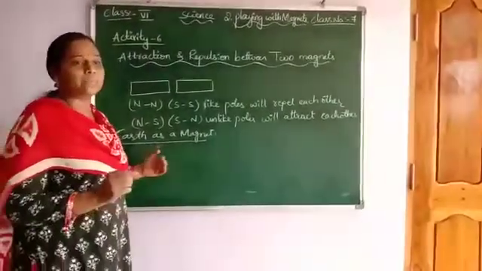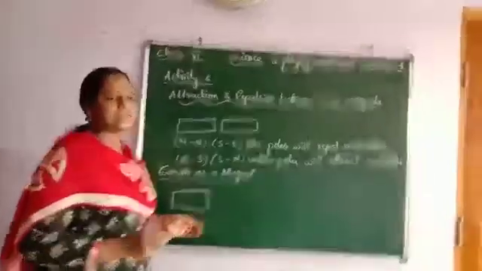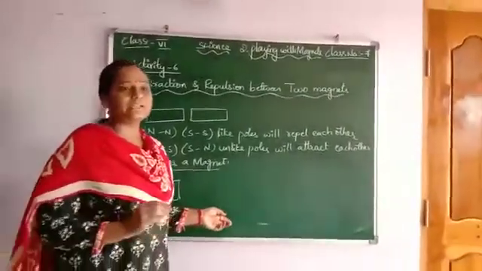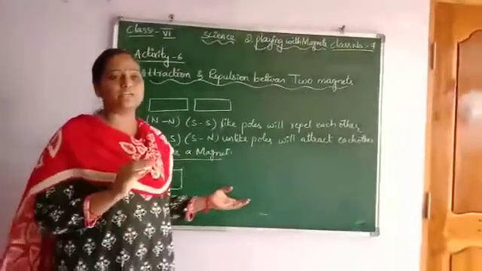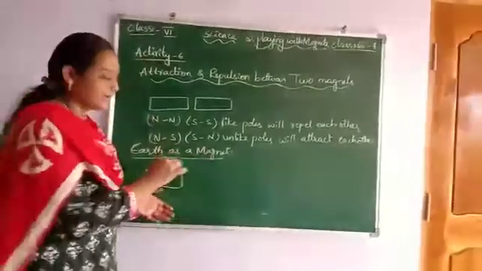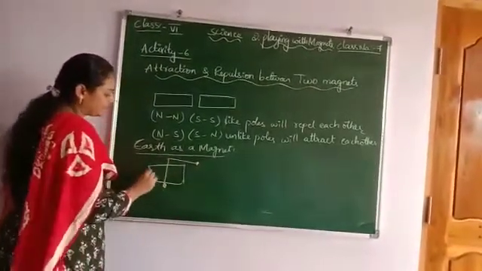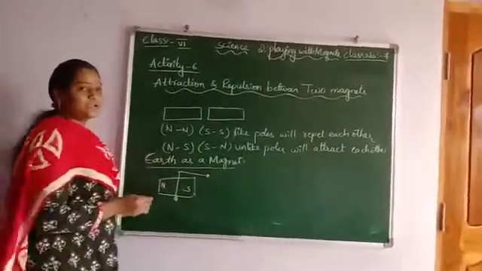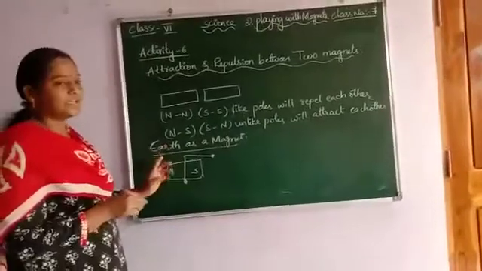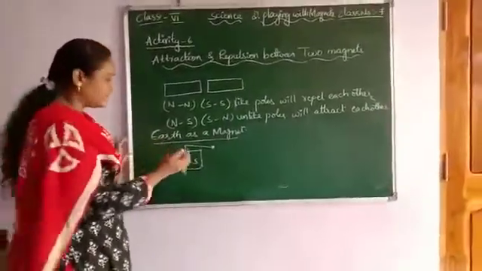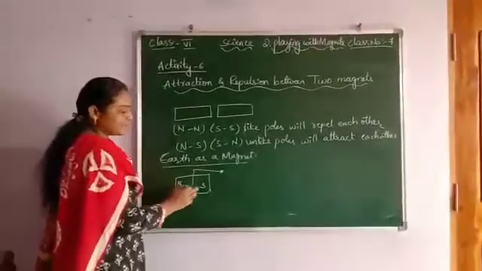Take a bar magnet and suspend it with the help of a thread. What happens? It will rotate and come to rest. It will be attracted by the Earth like a north and south pole.